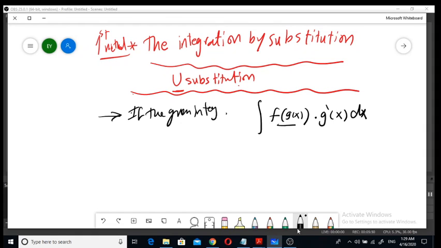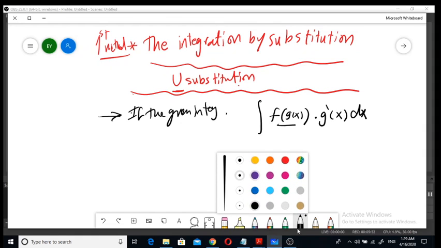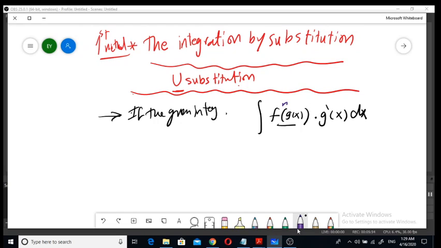F of g of x, or we can say f to the power n of g of x, is a composite function, times g prime of x. So actually we have a product of two functions.